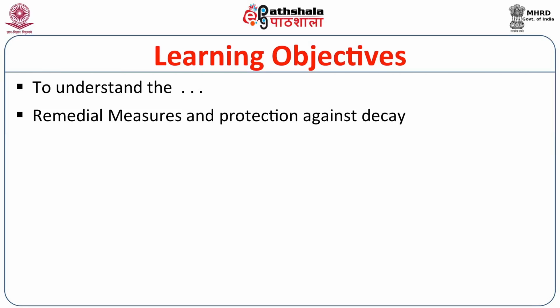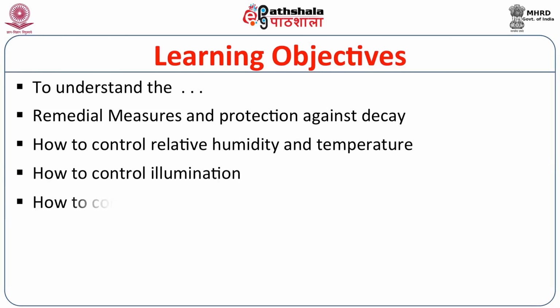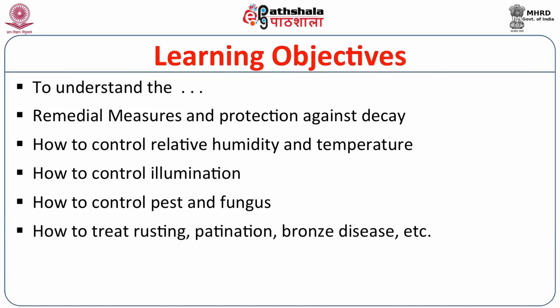The learning objectives of this module are remedial measures and protection against decay, how to control temperature, humidity, etc. in a museum gallery, how to control illumination level in a museum gallery, how to control pest or insect attack and fungal attack in a museum gallery, and at last the module will discuss the treatment of rusting, patination, bronze disease, and other types of problems.